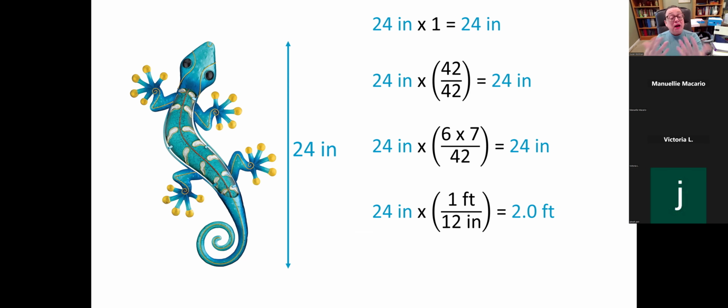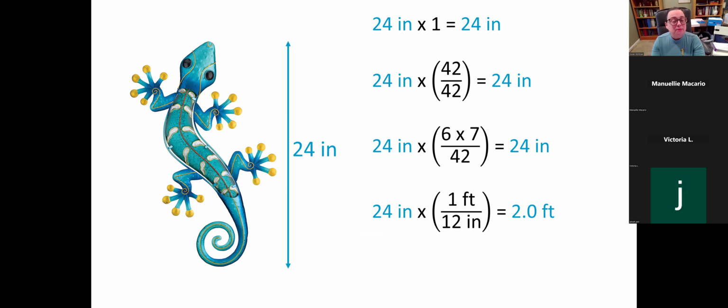We're just going to express that same size by multiplying by 1, and we're going to do a change of units. 1 foot, that unit, is the same as 12 inches. So in those parentheses, we're still multiplying by 1 because we have a true conversion factor. The numerator, 1 foot, and the denominator, 12 inches, are equal to each other.